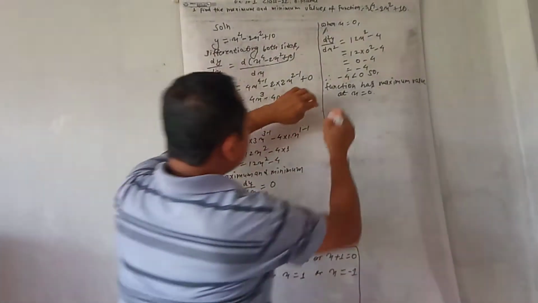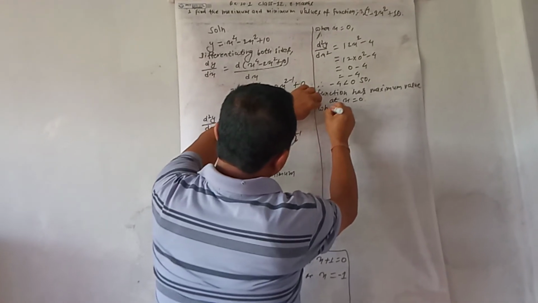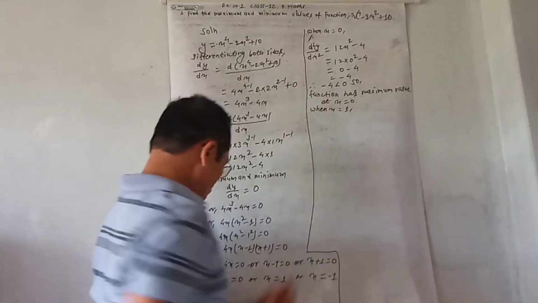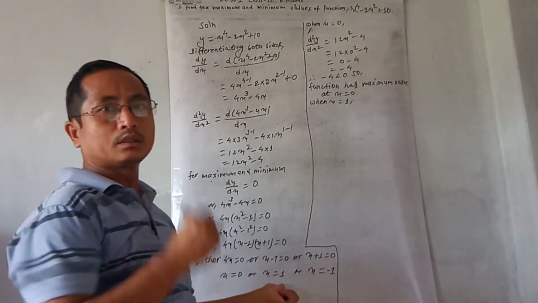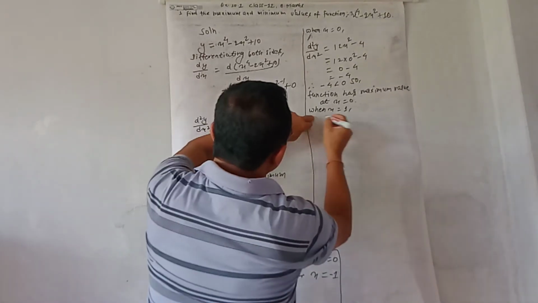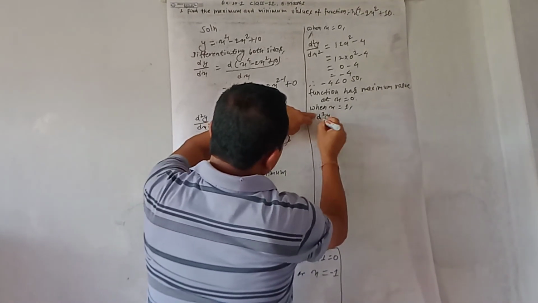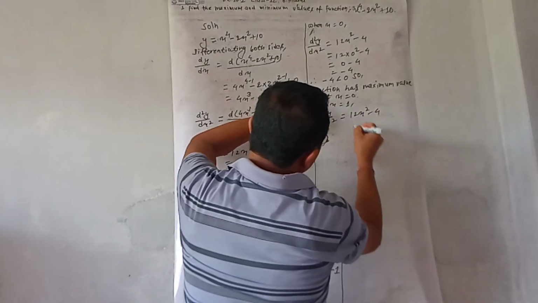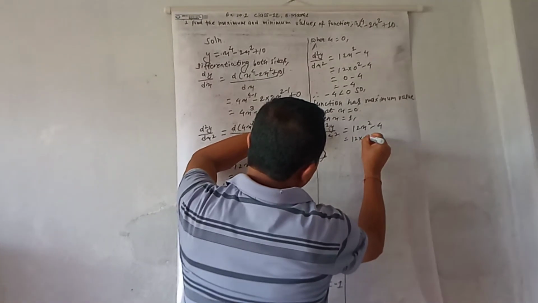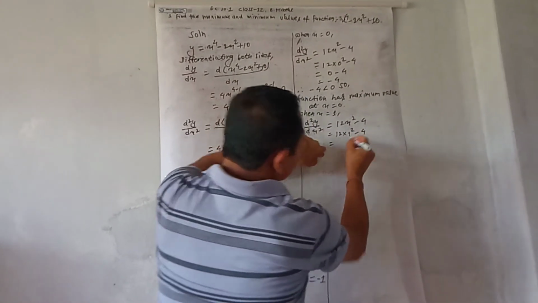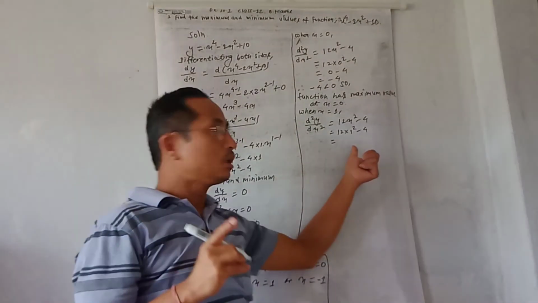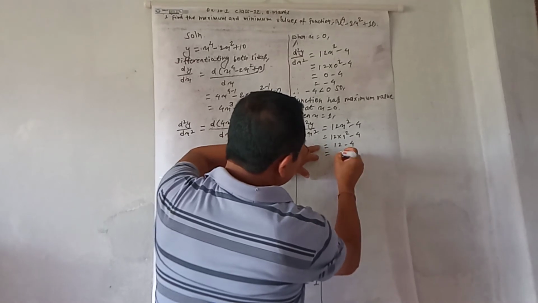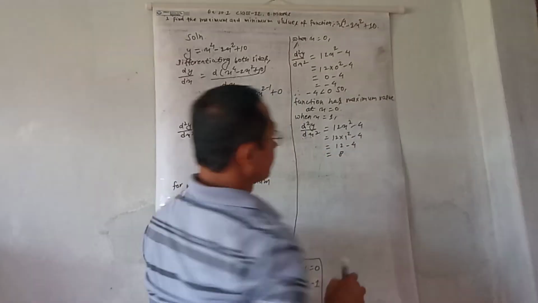So when x is equal to 1, d square y by dx square is 12x square minus 4, meaning 12 into 1 square minus 4. 1 square means 1, 1 into 12 means 12, minus 4. 12 minus 4 is equal to 8.